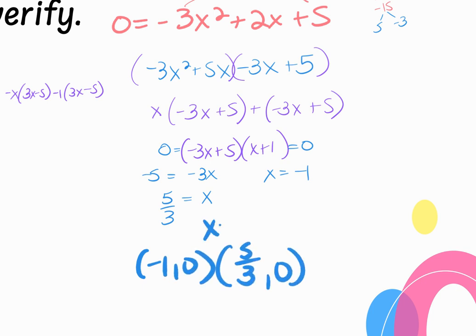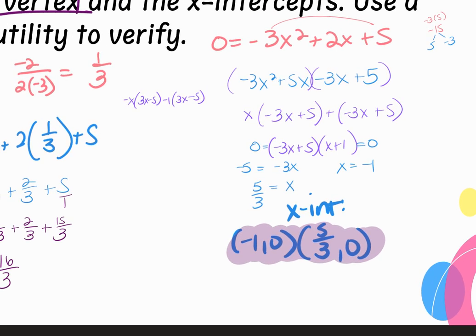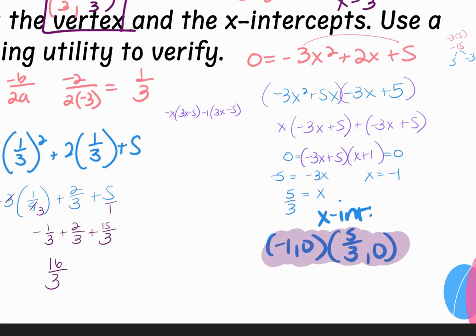So my x-intercepts would be negative 1, 0, and 5/3, 0. All right, then it says use a graphing utility to verify. So let's go to our graphing calculator and type in that equation.